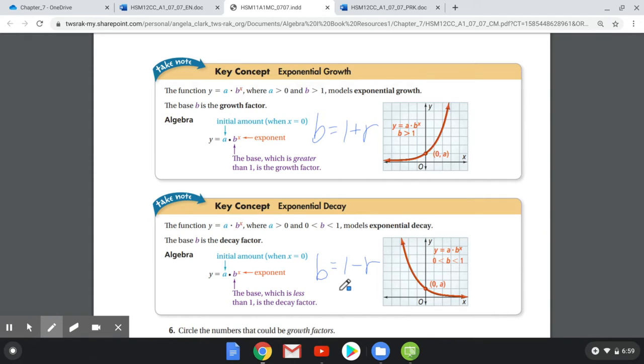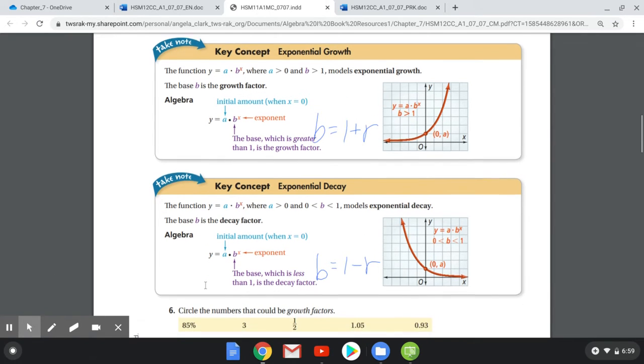If something is decreasing, so say it says that I have 5% less each time, or I'm decreasing by 5%, anything that tells you that the amount that you have is becoming less, that is going to be a decay situation. So you're going to have to use 1 minus. So in word problems, you have to ask yourself, is this increasing or is this decreasing? And that will tell you whether to use 1 plus or 1 minus. That's going to be important in word problems for exponential growth and decay.